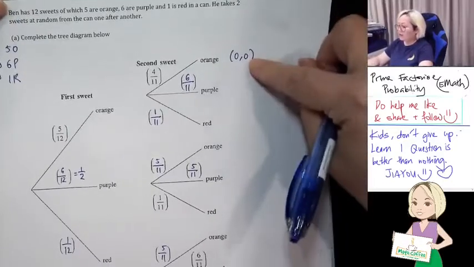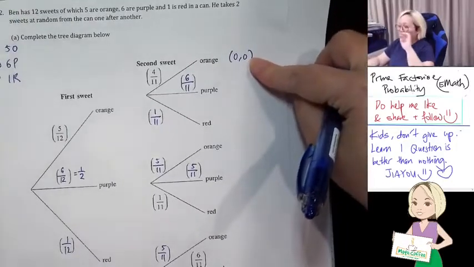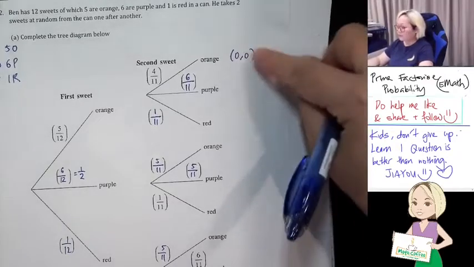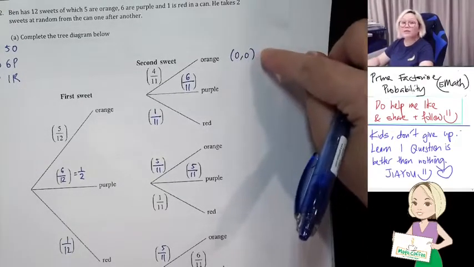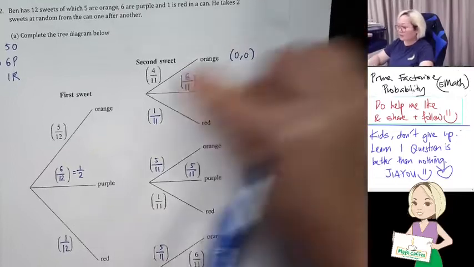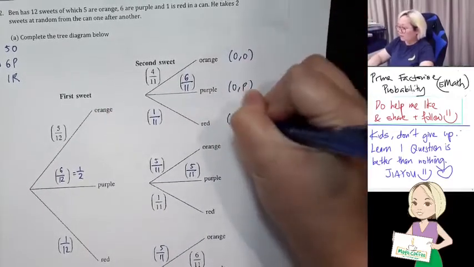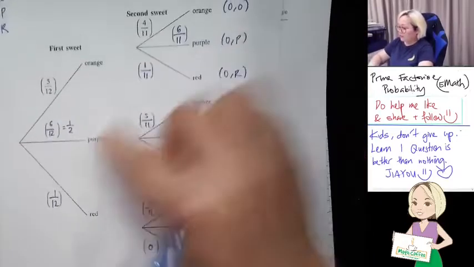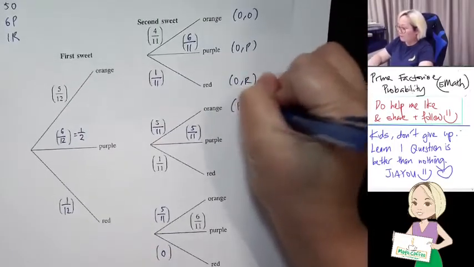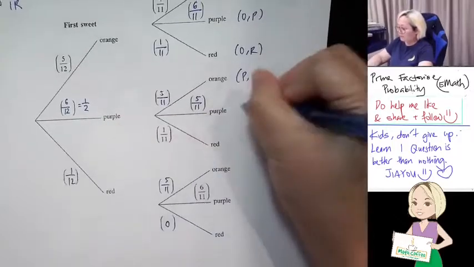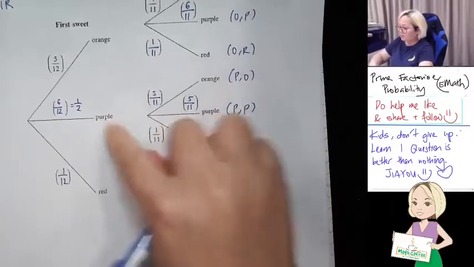Why do I want you to write this? Later when we answer the question, you will understand why it's easier to refer to. This is OP, so this is orange, purple. This is orange, red. This is purple, orange, purple, purple, purple, red.